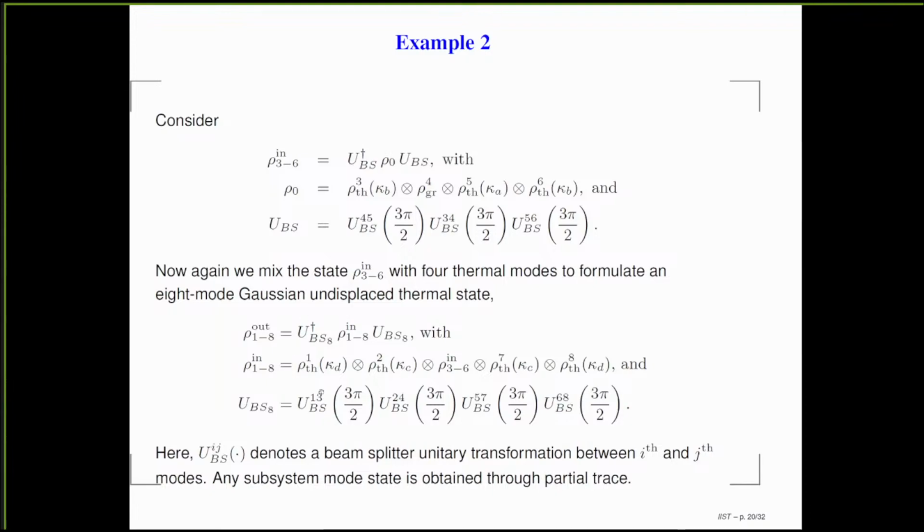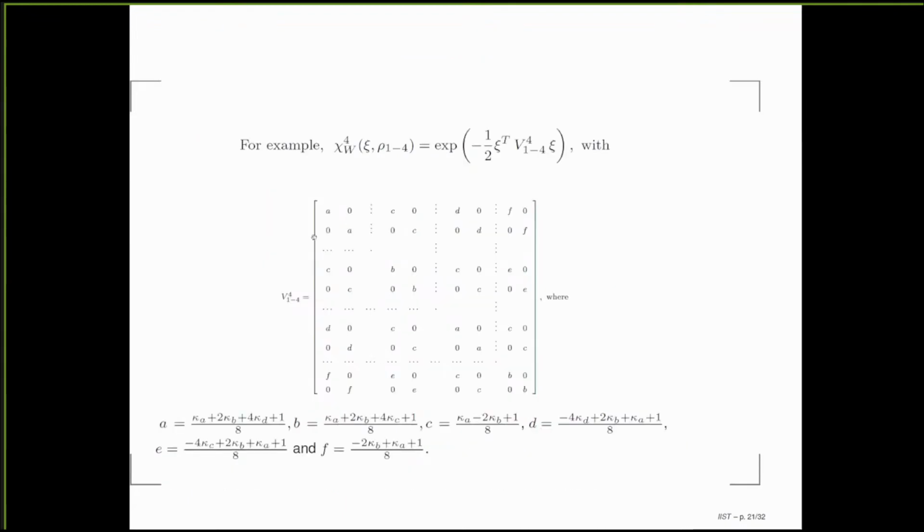Here, Uij is a beam splitter which couples the ith and jth modes, and any subsystem is obtained through partial trace over whichever modes you want, and the remainder is what you have in hand. For example, if you want to take the 4 modes, rho 1 to 4, that state's characteristic function is given by this 4-mode variance matrix.